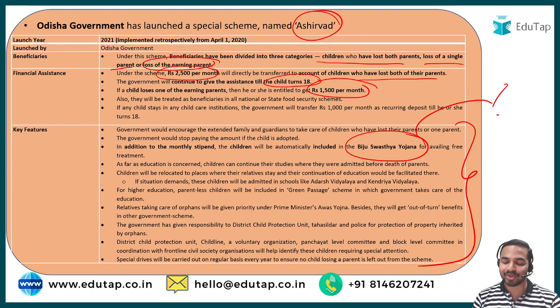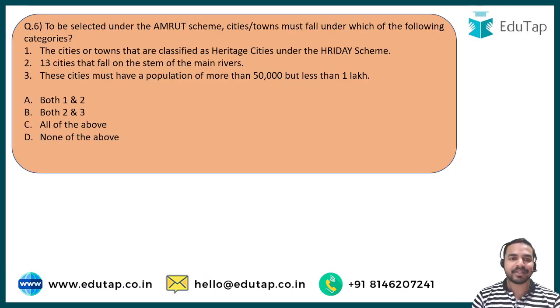Now let us move on to the next question, that is about the Amrut scheme. To be selected under the Amrut scheme, the cities or towns must fall under which of the following categories?